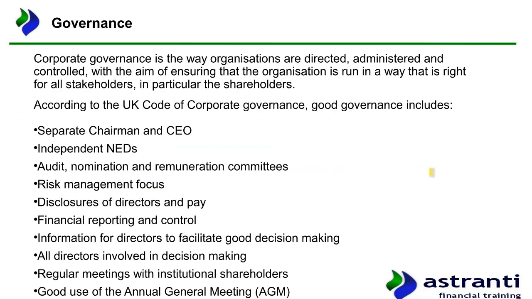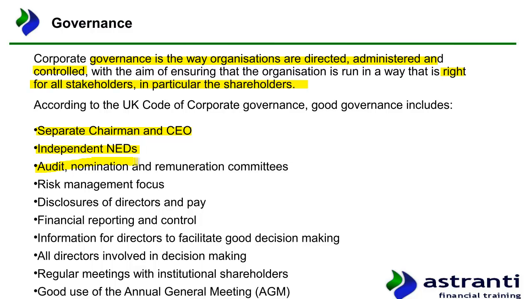So next we come to corporate governance. When we talk about governance, we're talking about the way in which organisations are directed, administered and controlled. The idea is to ensure that the organisation is run in a way that is right for all stakeholders, in particular the shareholders, but right for all stakeholders. According to the UK Code of Corporate Governance, good governance is going to include a separate chairman and CEO, so you've got some checks and balances, and independent non-executive directors.